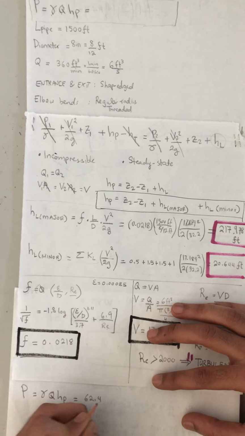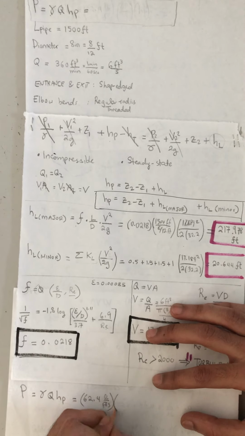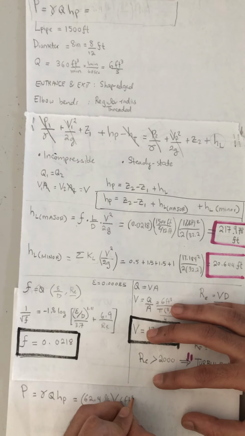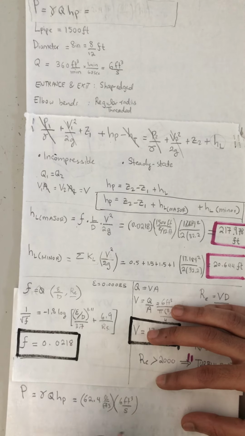Specific weight of water is 62.4. And our volumetric flow rate is 6 feet cubed per second.